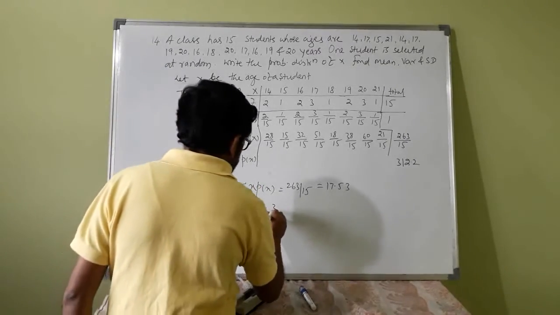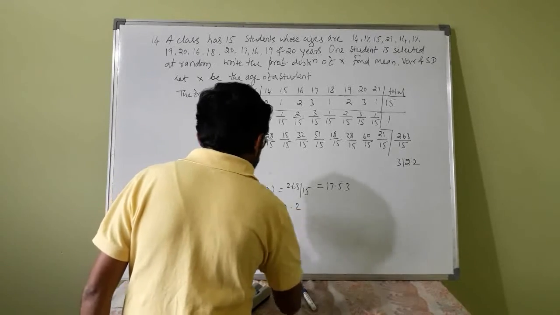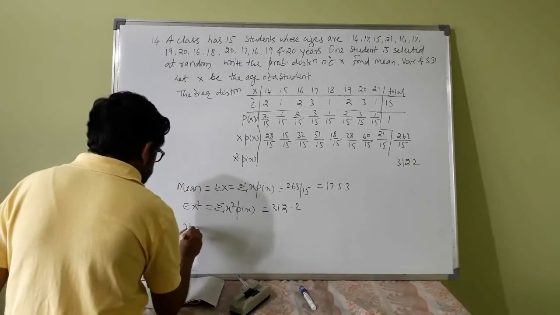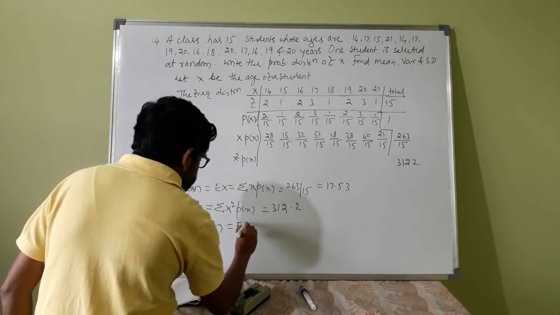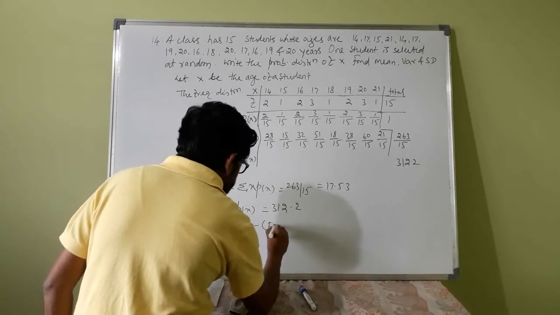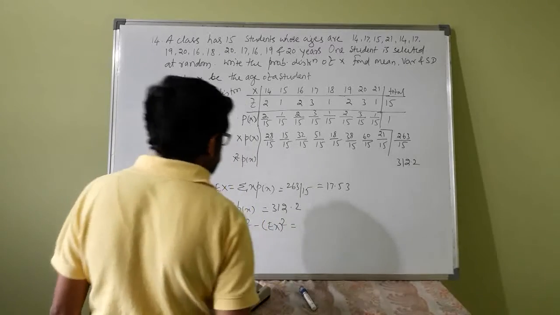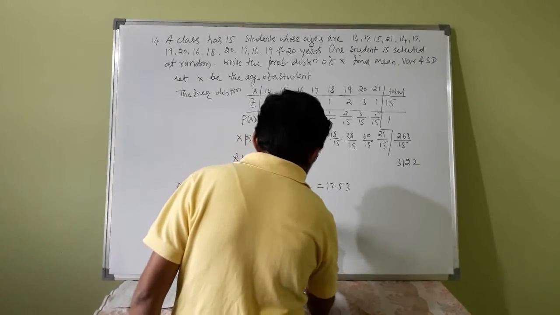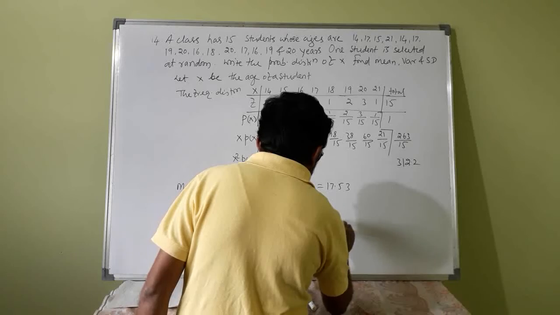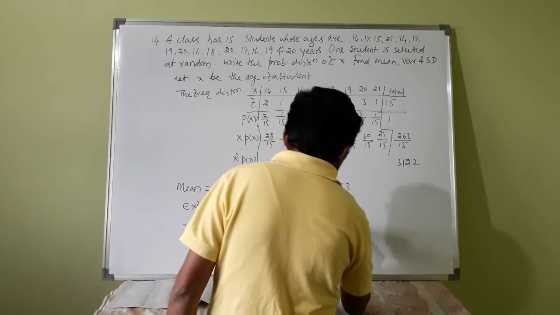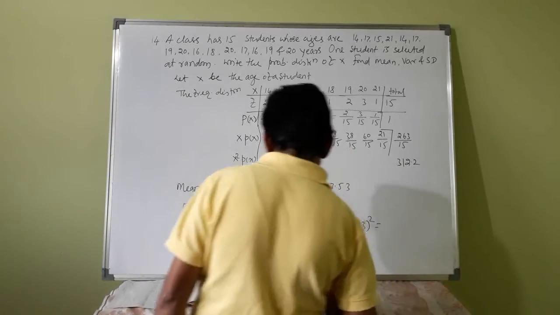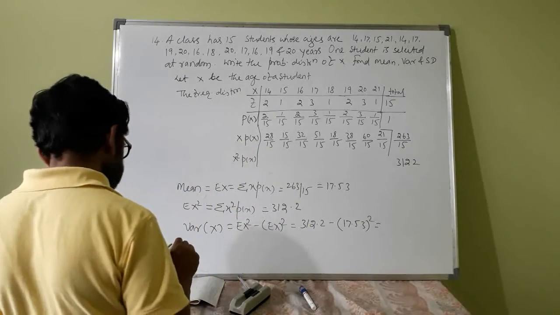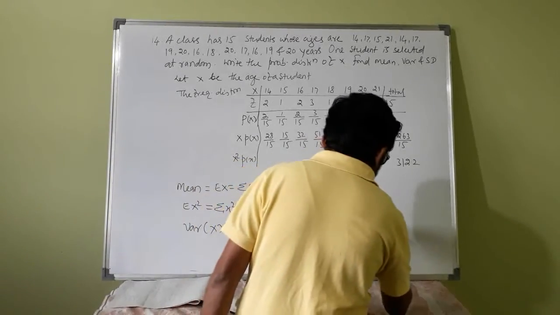So 312.2. Variance of x is expectation of x square minus expectation of x whole square. 312 minus 17.53, that is 4.78.